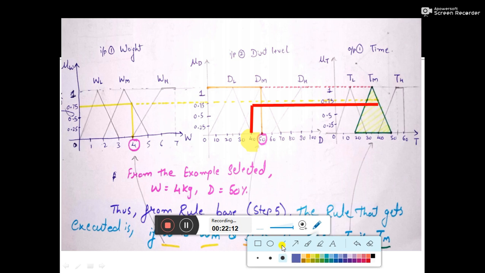So the triangle which will be coming into picture is this one.